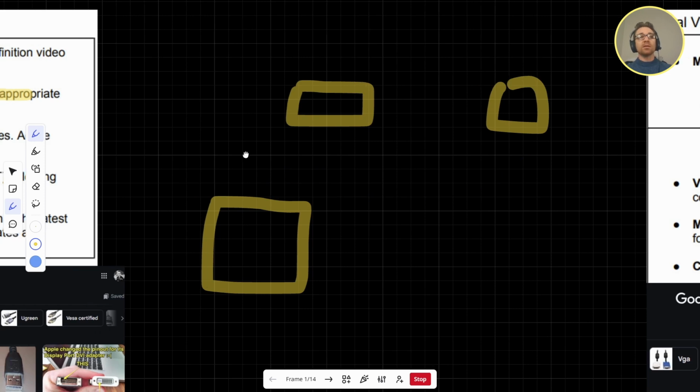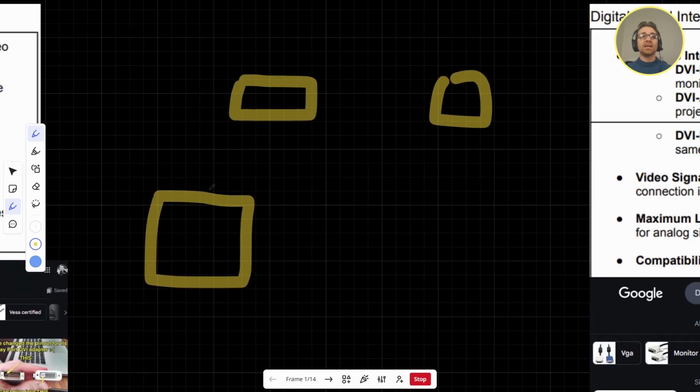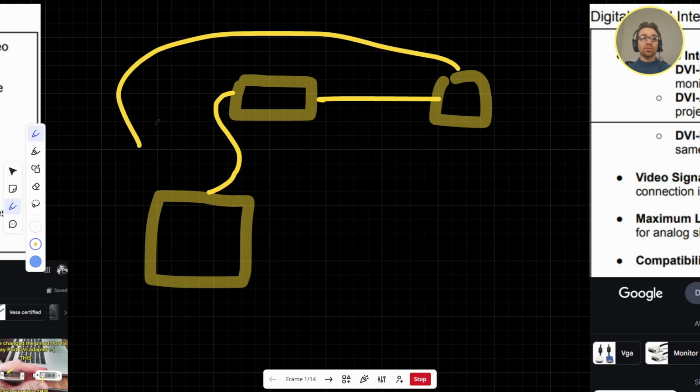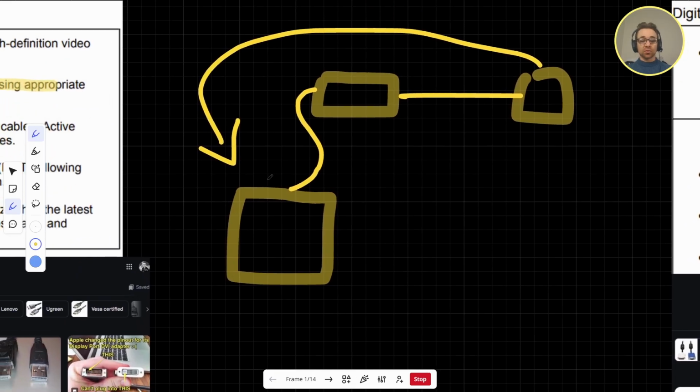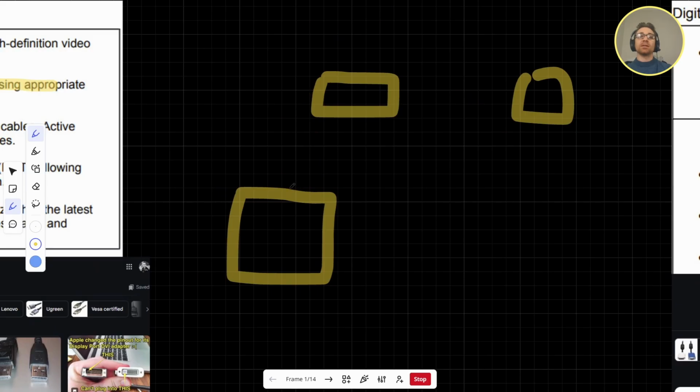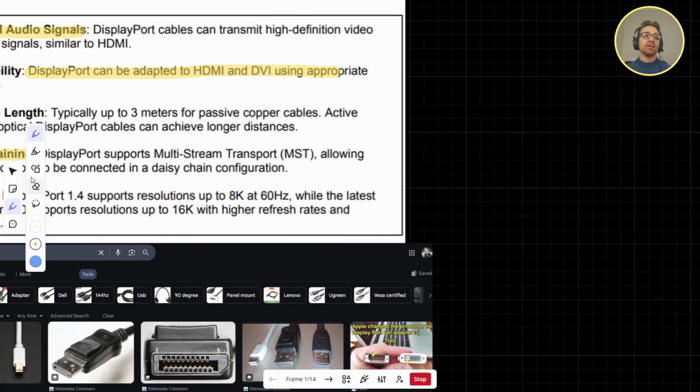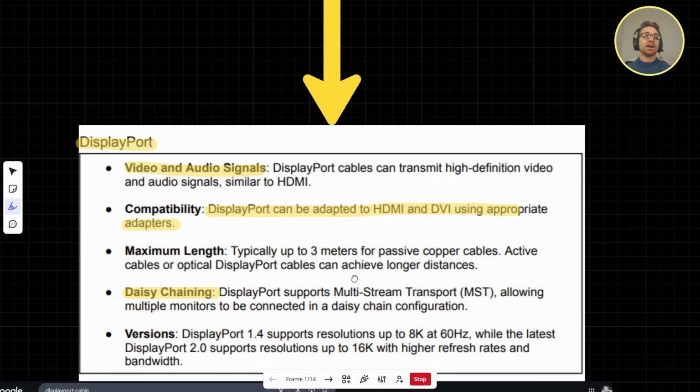But with DisplayPort cables, daisy chaining means you can have this one plugged into here and then the cable plugged into here, and because it's on the same chain, this monitor will now also be connected to that original source. So that's what daisy chaining is. That's one of the key things when it comes to DisplayPorts.